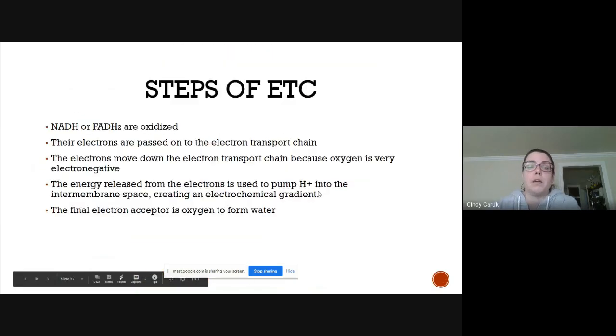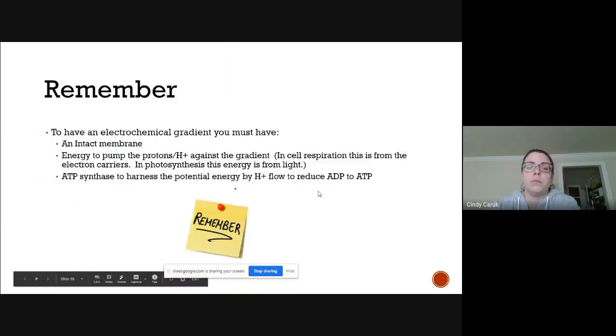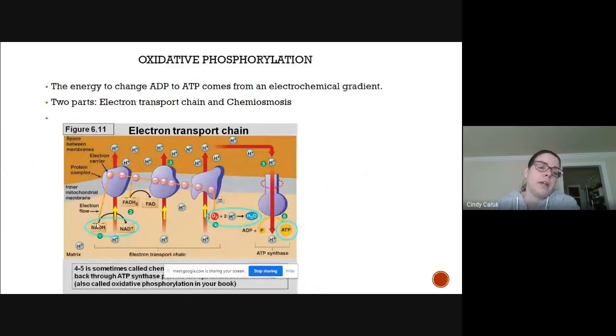If I go back, let me look for my picture here. Here you saw the NADH come in. It gets oxidized, the electrons are here, and the hydrogen is released here. Then that energy is used to pump 2 hydrogen here, 2 hydrogen here, 2 hydrogen here. Lots of hydrogen on this side, a concentration gradient, and low here.